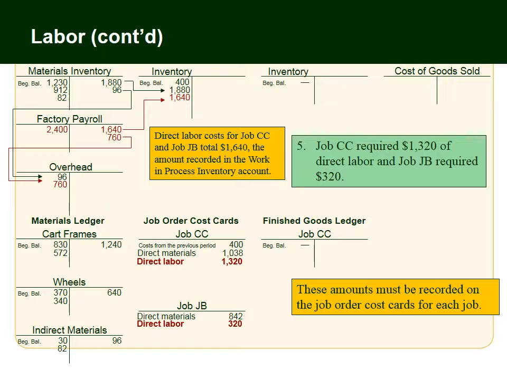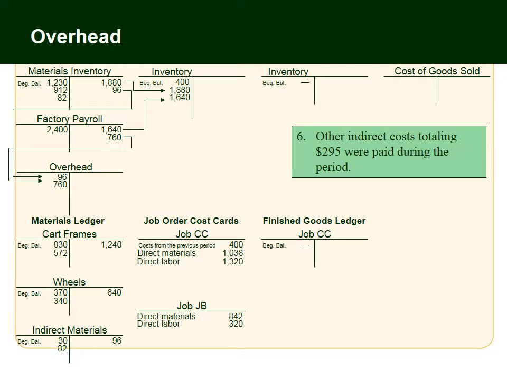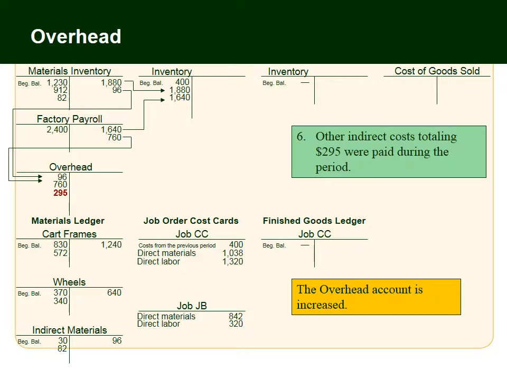We also show these in the subsidiary accounts. Notice that we have taken that $1,640, split it into job CC and job JB. The overhead account of $295 is also increased because those are indirect costs that were incurred through the overhead.